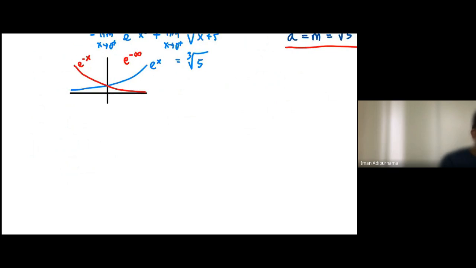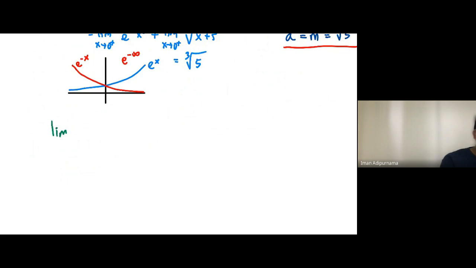Now, for the derivative, we can check the derivative with the limit approach, 0 from the right of our limit definition. Okay, let's check this first, for this from the right.